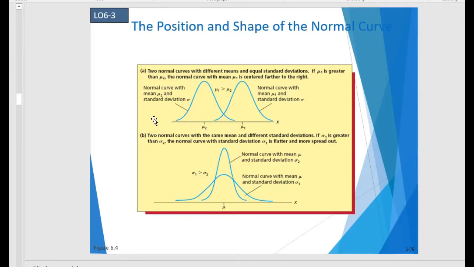The wider a curve is, the larger its standard deviation, which makes sense. If you think large standard deviation, that means there's higher variance, and that means there's a higher spread of data. That's going to be a flatter curve with a much wider range of data.